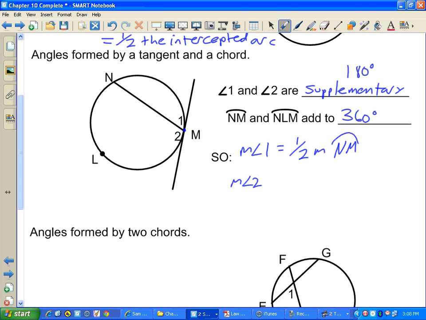And the measure of angle 2 would equal 1/2 the measure of arc NLM. Okay, so if I just know the measure of this arc, I can take half of that, and that'll be the measure of angle 1. If I can get the measure of this, take half of that, that's the measure of angle 2.